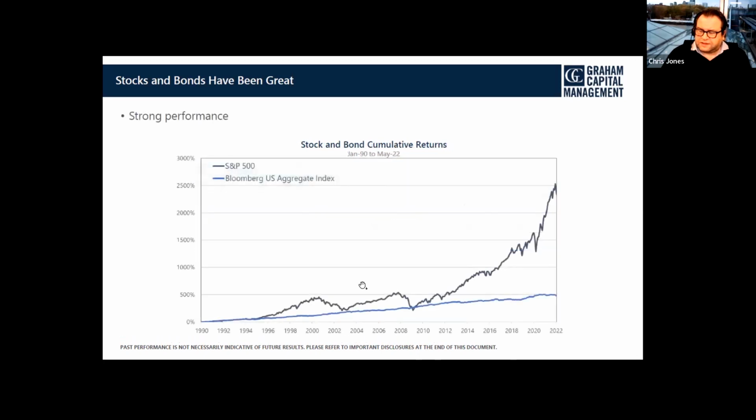If you look over the last 30 odd years, you'll see that equities and bonds weren't a bad thing at all in the 2000s, the noughties, but then became even more an incredible source of return for the 2010s. Unfortunately, it's very unlikely this will be replicated.